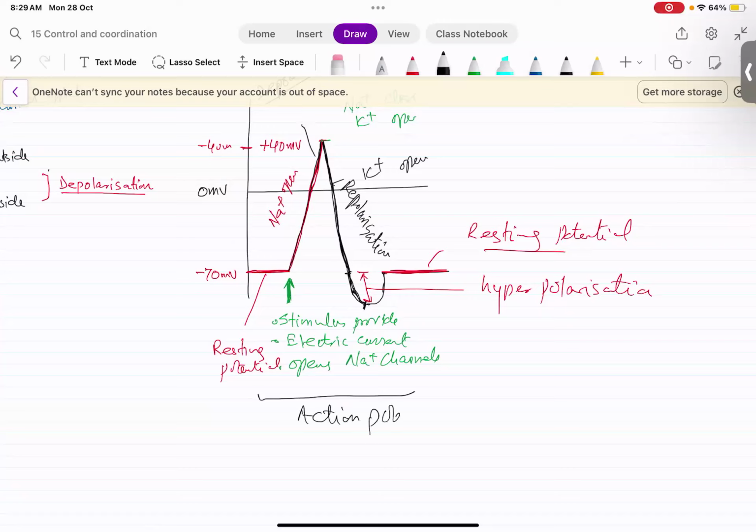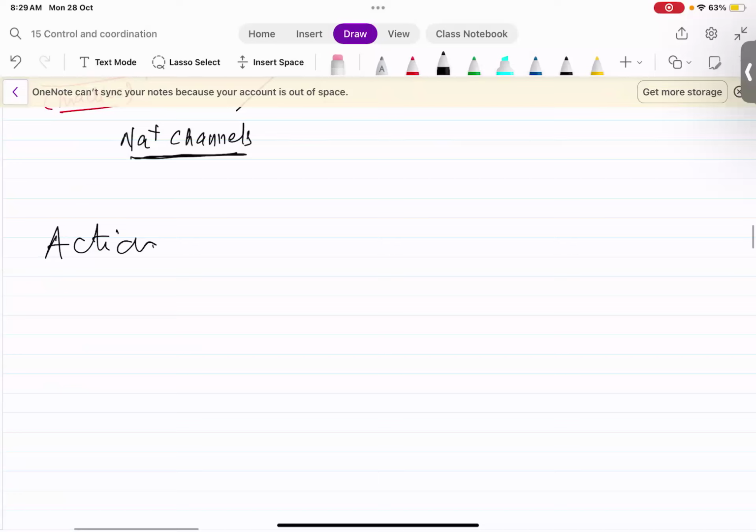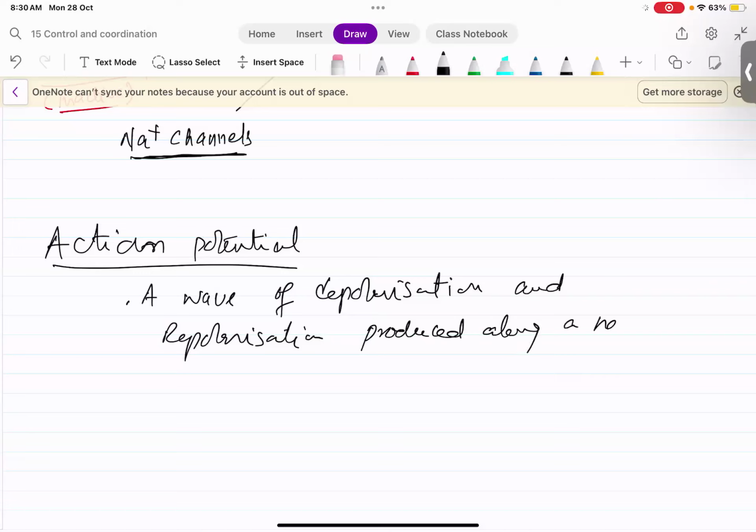So we can define an action potential as a wave of depolarization and repolarization produced along a nerve cell.